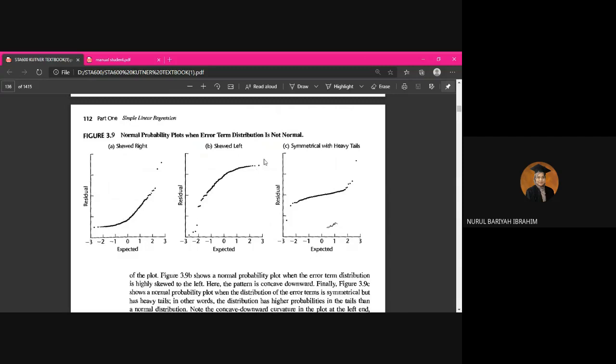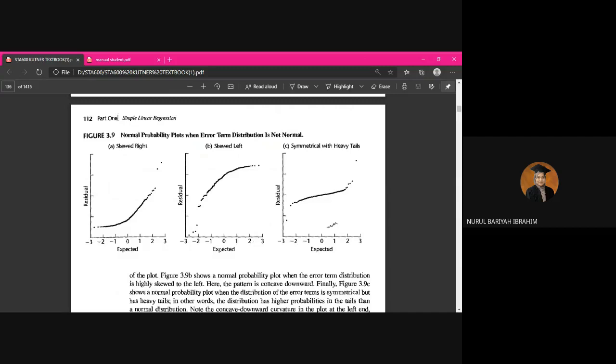Ini contoh untuk skewed to the left. Okay, nampak quadratic here. And here, dia ada symmetrical tapi ada heavy tail. So we also consider this is not normal. Okay, this is some of the example for non-normal error term.